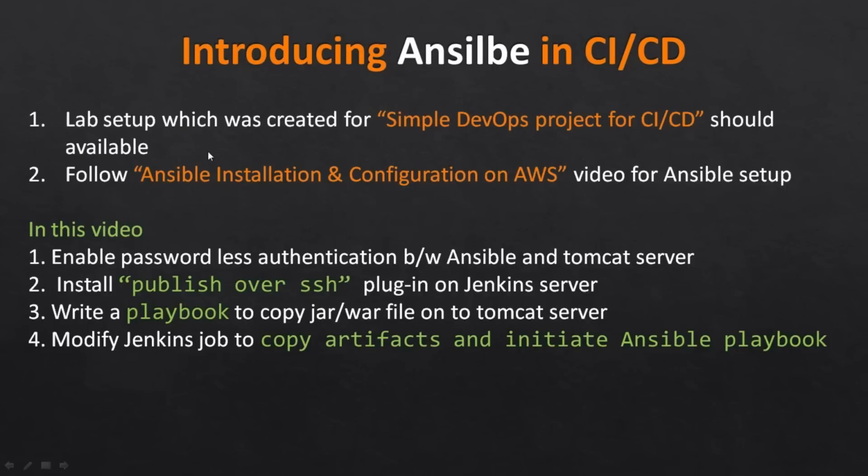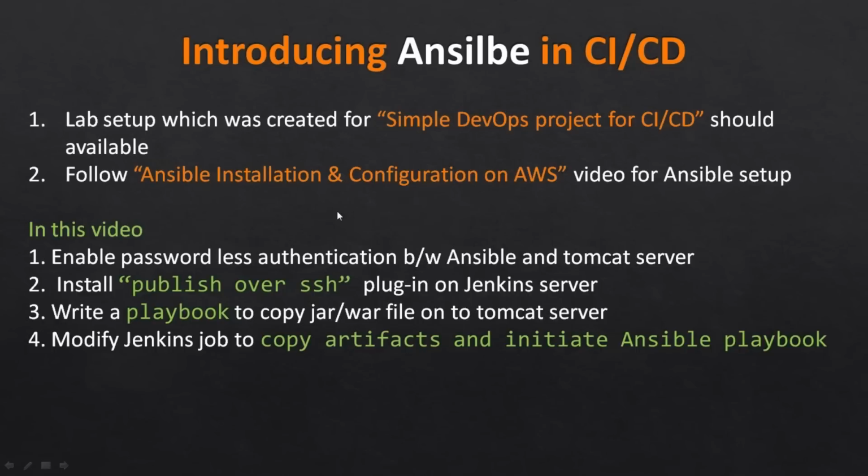As I said, the lab setup created for the simple DevOps project for CI/CD should be available. And you should follow how to install and configure Ansible, which is already available in our channel. I have already set up my Ansible server.